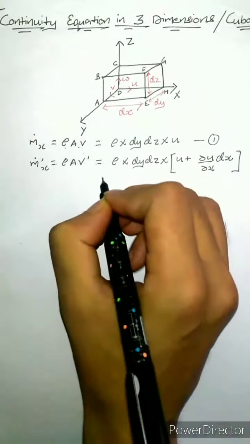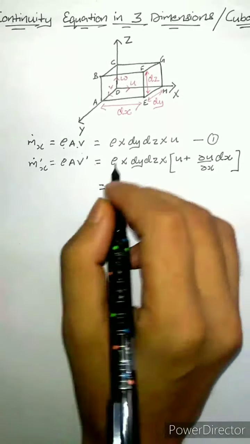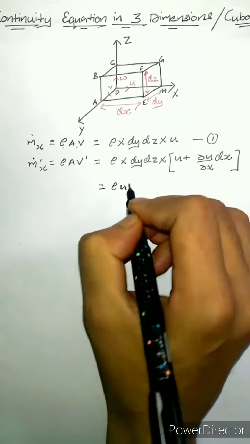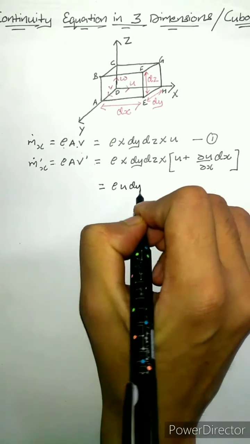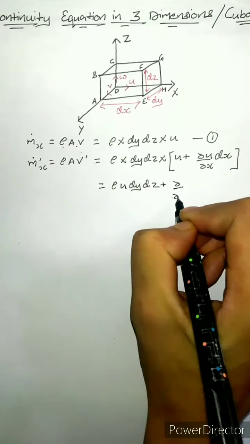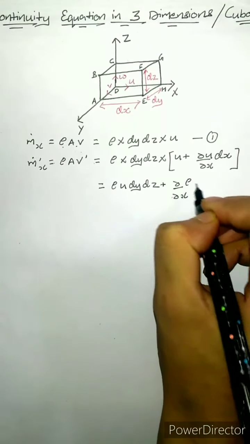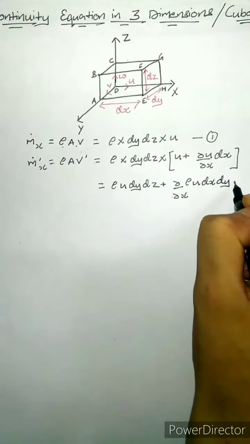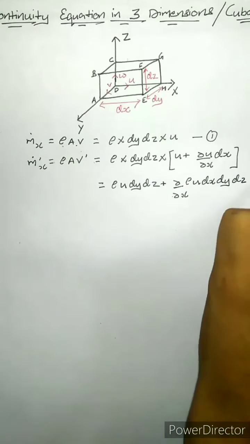So we can also write it as rho u dy dz plus del upon del x of rho u dx dy dz. This is the second equation.